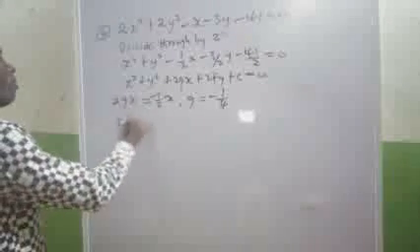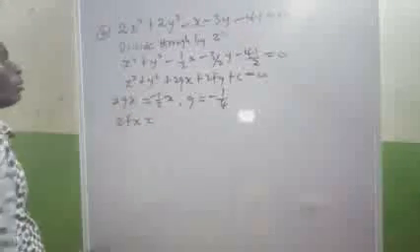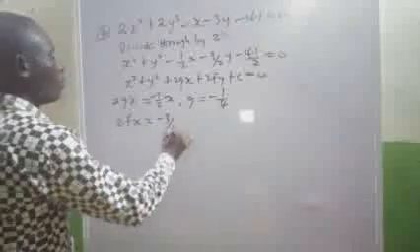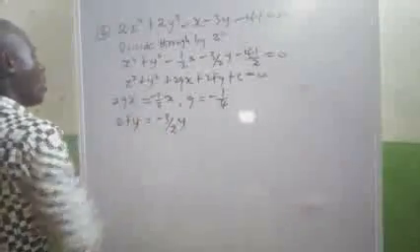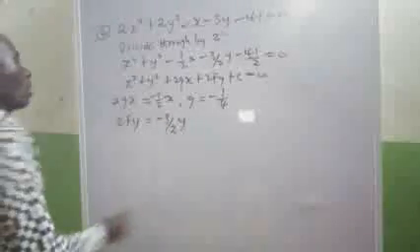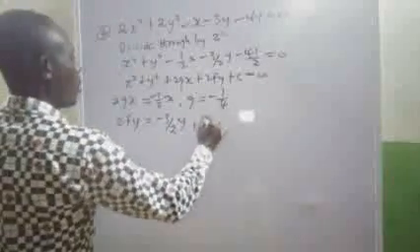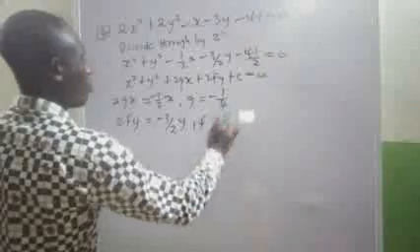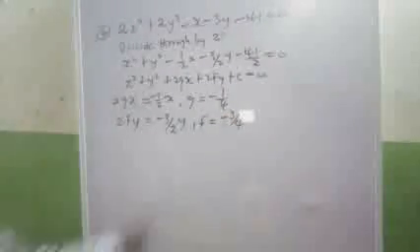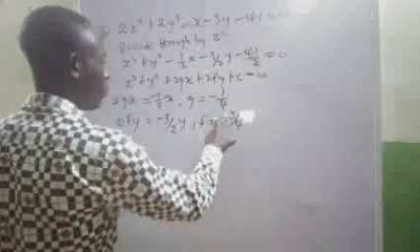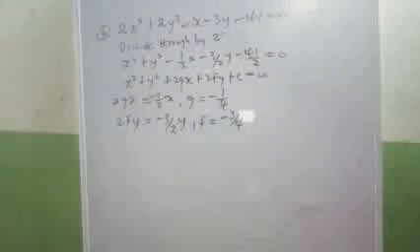Then 2fy equals minus 3 over 2 y. y cancels y, then you have your f equal to minus 3 over 4.